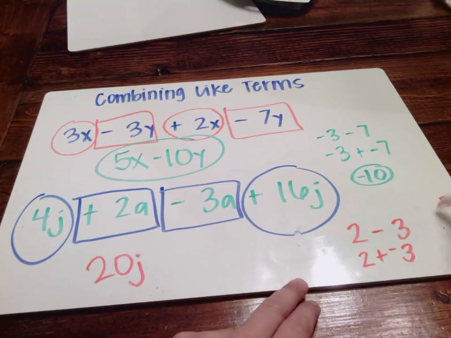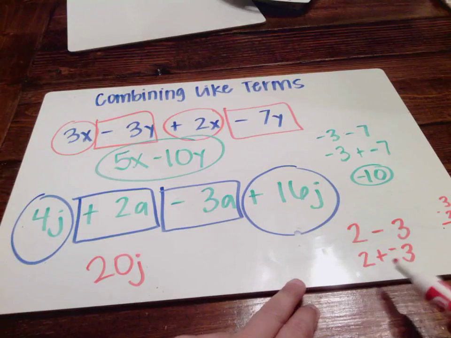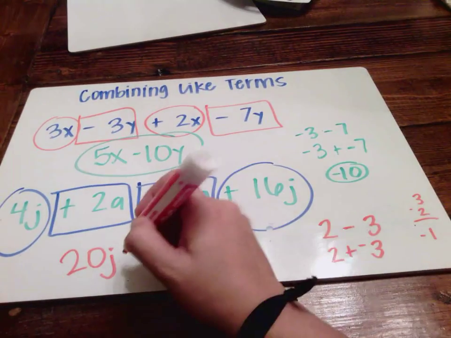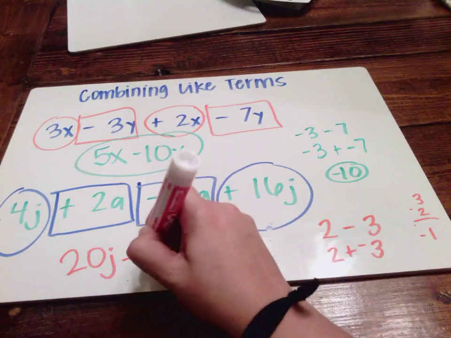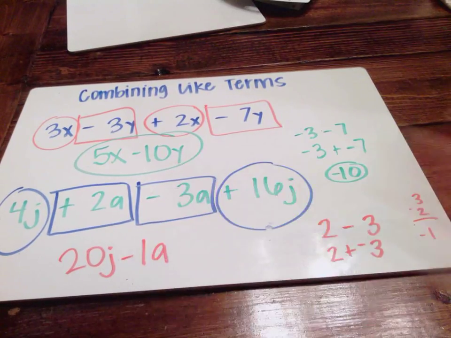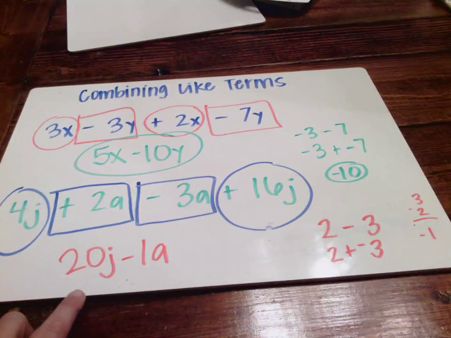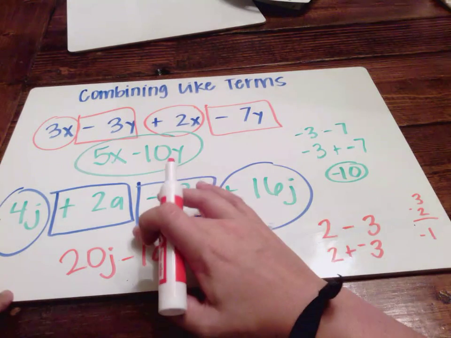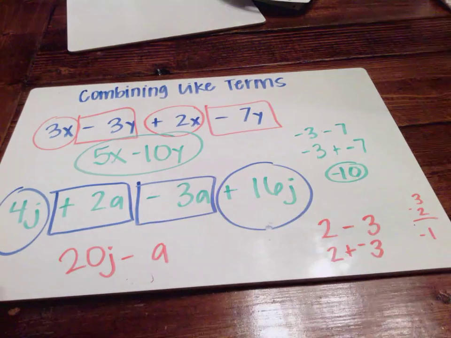So I'm going to subtract, and my answer is 1. And I use the sign from the greater number, which is negative. So now I have negative 1a. Now, if you go one step further, you know that you don't really have to write that 1 because it's understood. So you can actually have 20j minus a.